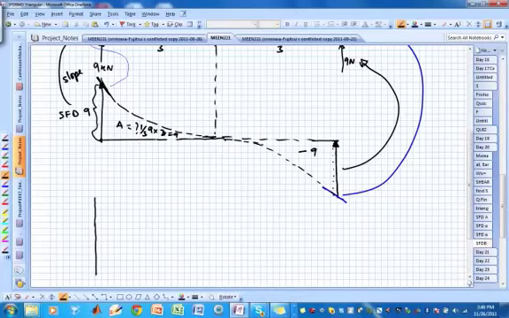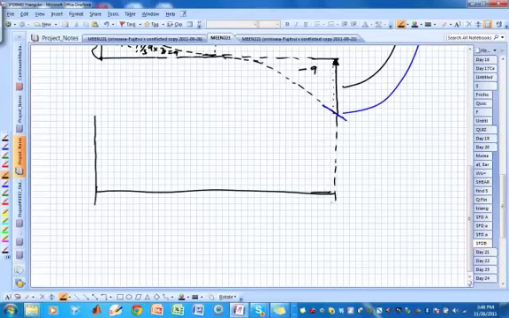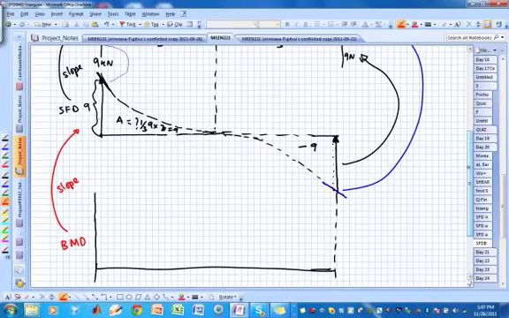As usual, I'm going to give myself space, you can never have enough space for bending moment. That's not a lot of space, but that's all I can afford. So there it is. Now, what kind of curve will be the bending moment? Remember, the BMD slope is the SFD value. So the initial slope of this is the initial height of the SFD.